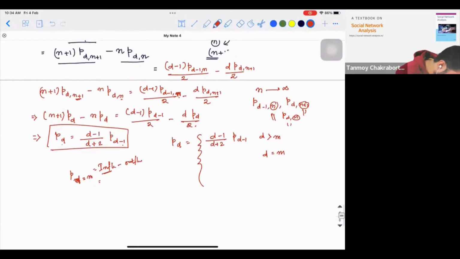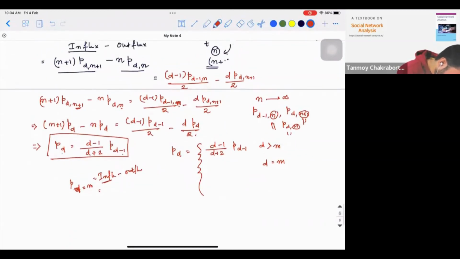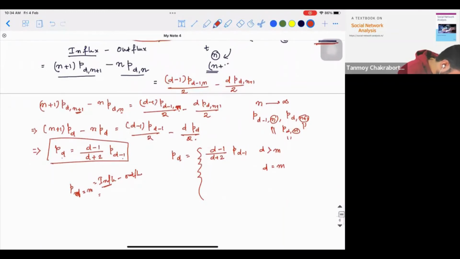So d equals m means I can rewrite this equation as (n plus 1) P of m minus n P of m equals influx minus outflux.